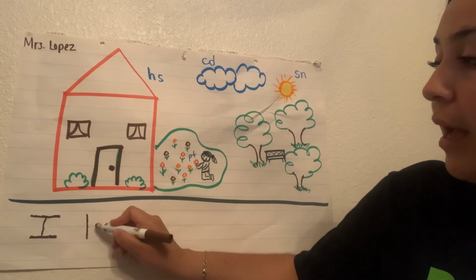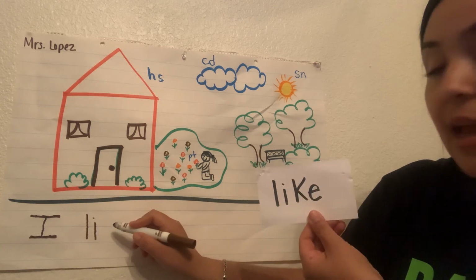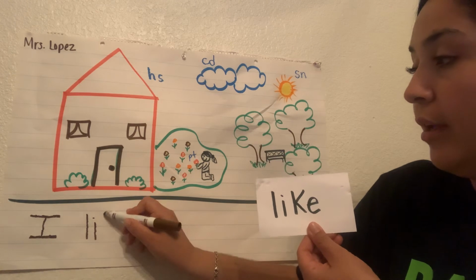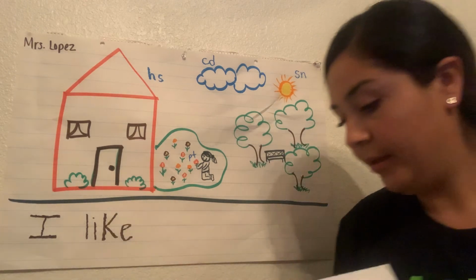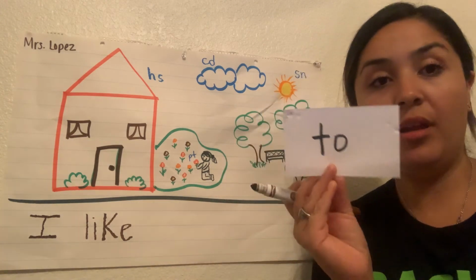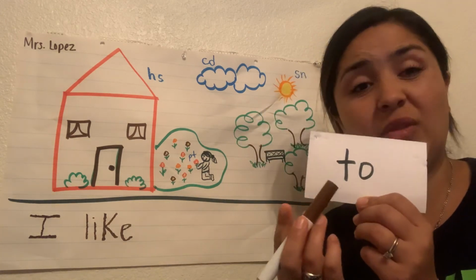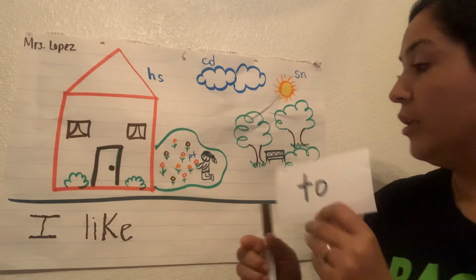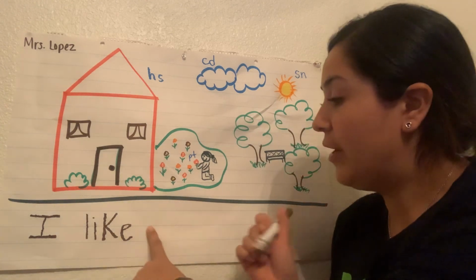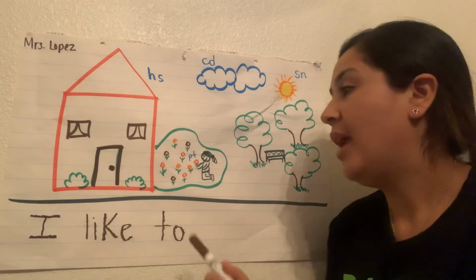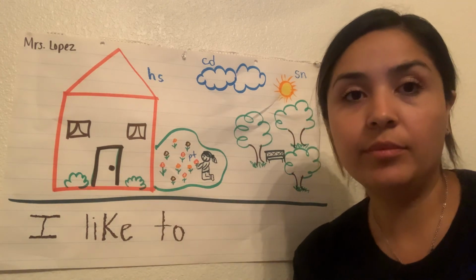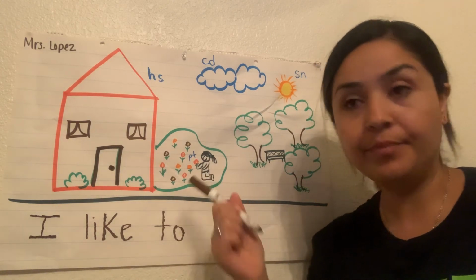I can use my card. Like, okay. And my next word is to, because it starts with a T. So I'm going to go ahead and use my finger space. I like to. And what did I say I like to do? I like to plant, right?